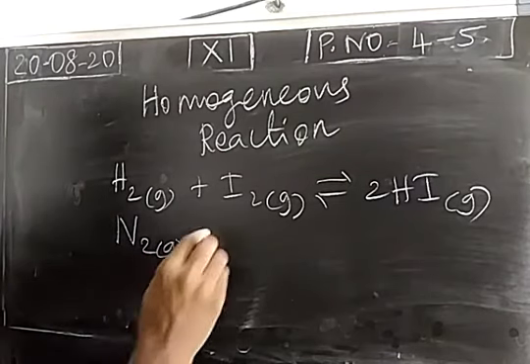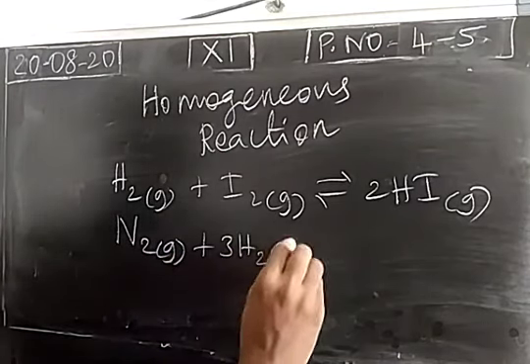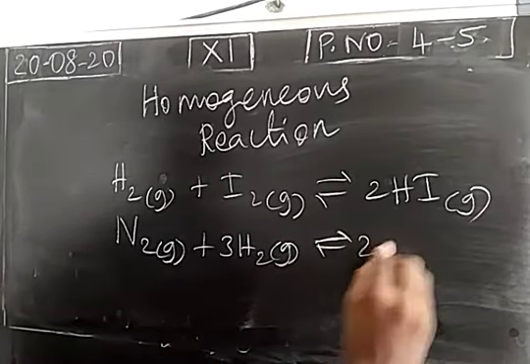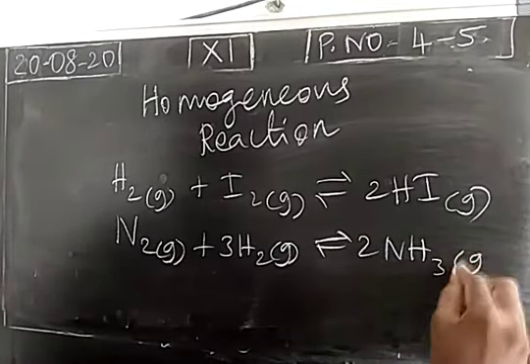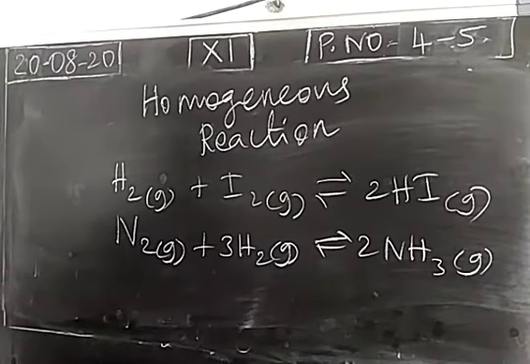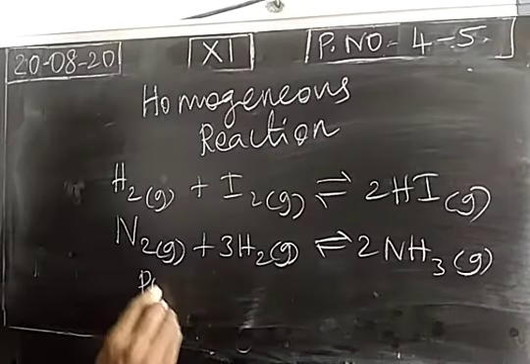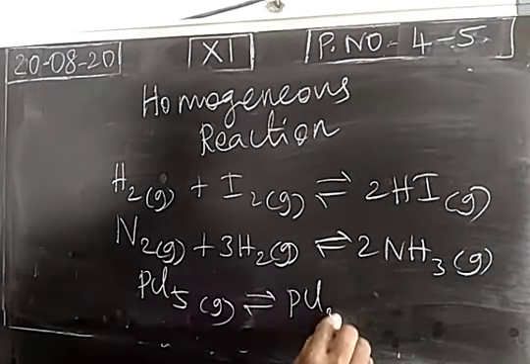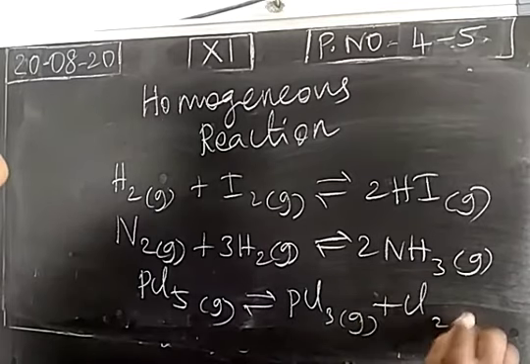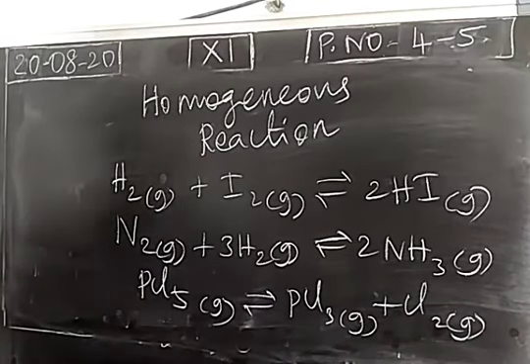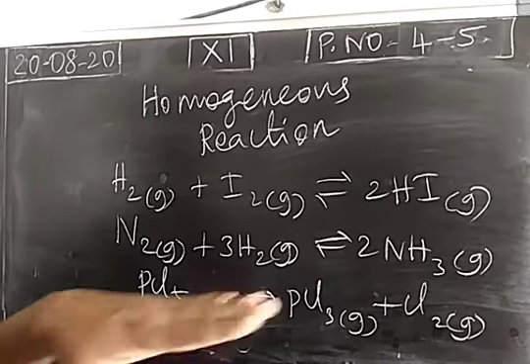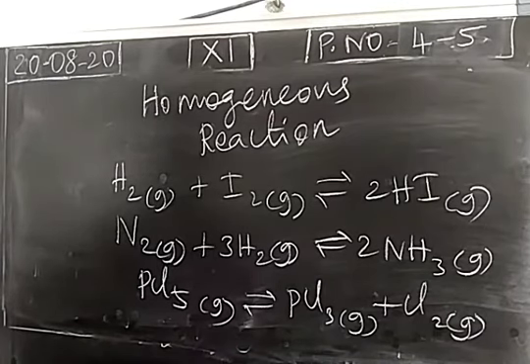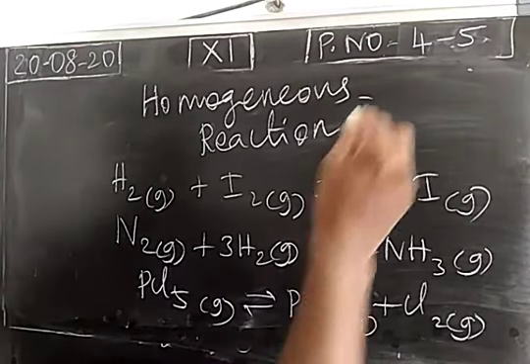Nitrogen gas combines with hydrogen gas to provide ammonia gas. This is another example of a homogeneous reaction. Phosphorus pentachloride gas is decomposed to produce phosphorus trichloride gas and chlorine gas. All these are examples of homogeneous reactions. Reactants and products are in the same phase. So in these reversible reactions, if equilibrium is reached, we call this homogeneous equilibrium.